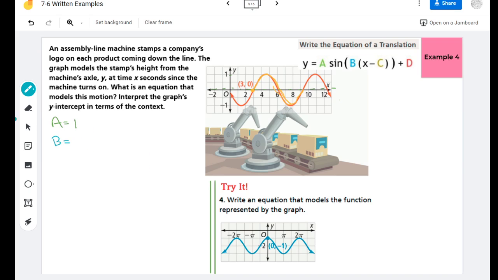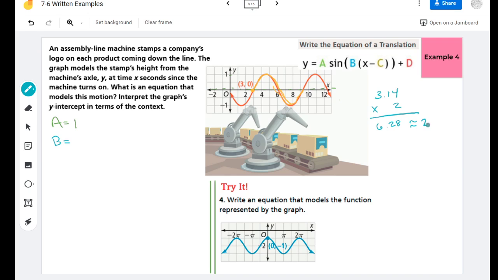value is how long it takes to do one of these swoops. Now this one's a little harder to see, but it's going from 3 until slightly over 9. Remember pi is about 3.14, and if you multiply that times 2, you get 6.28.